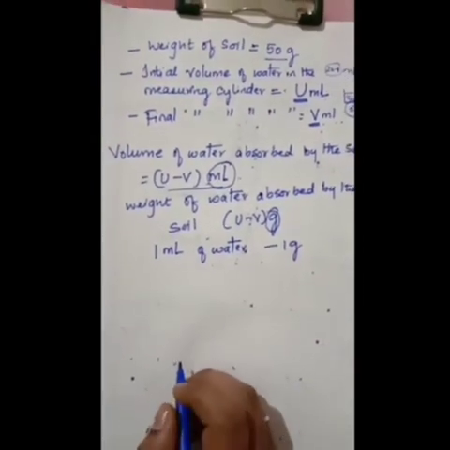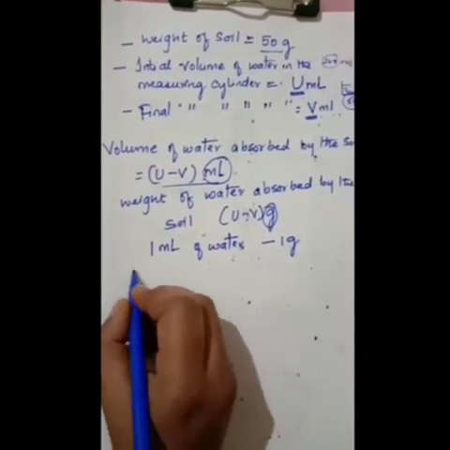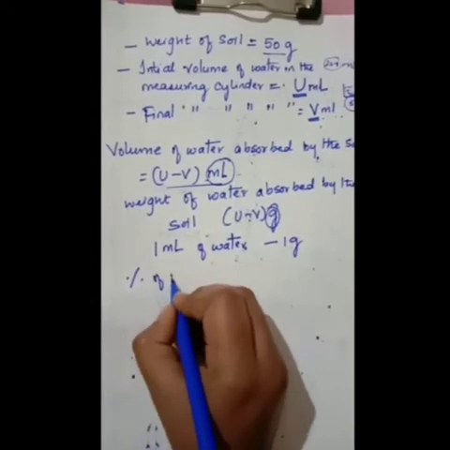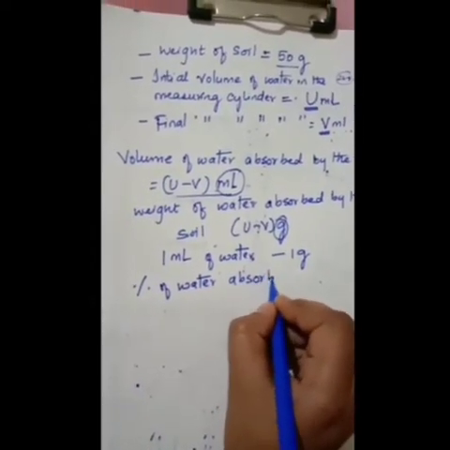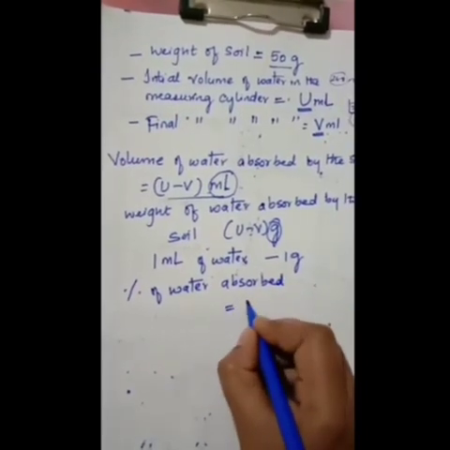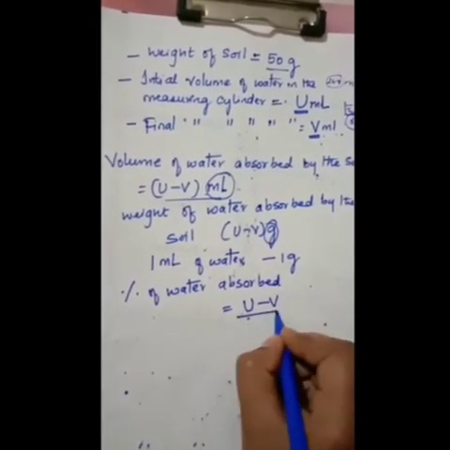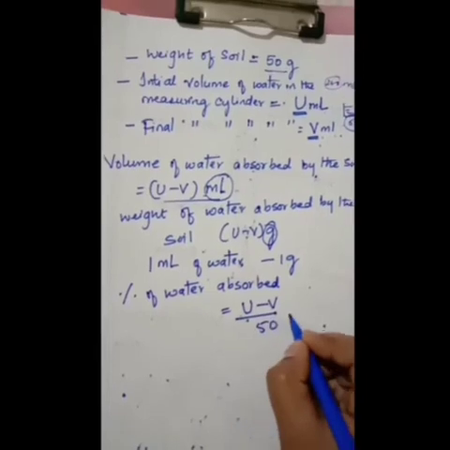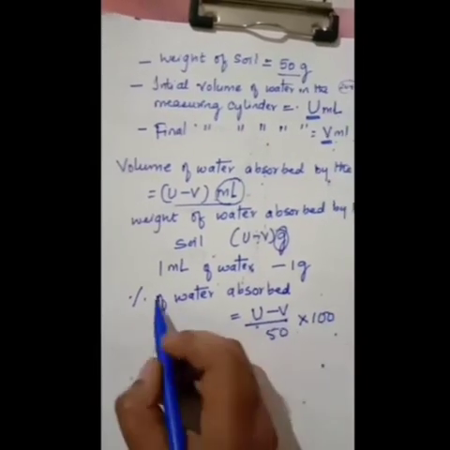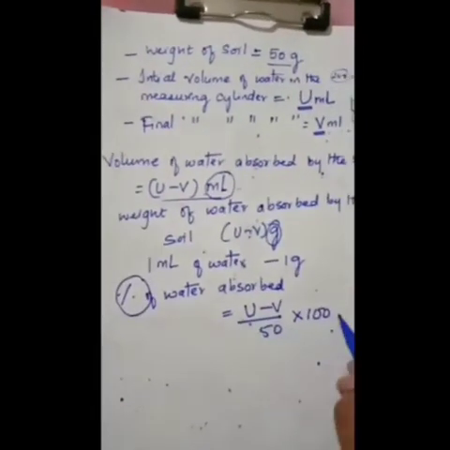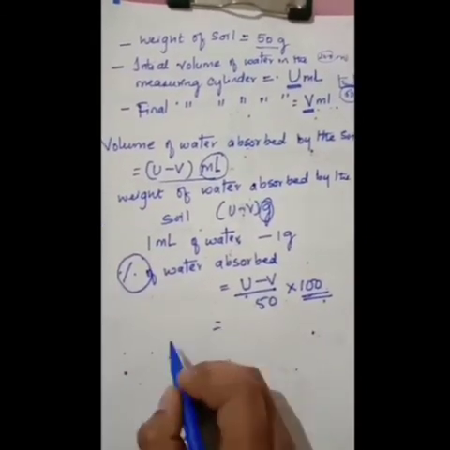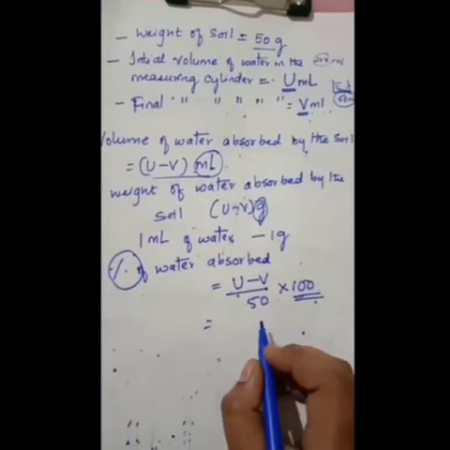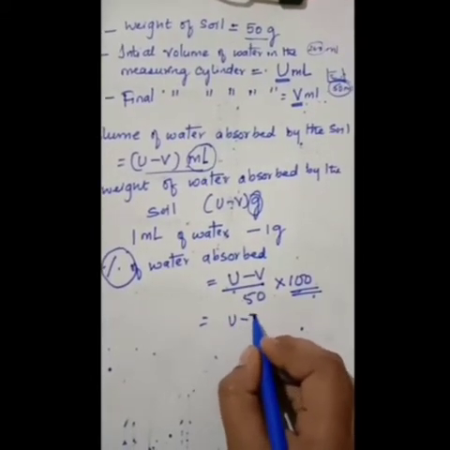Fine. Now percentage of water absorbed. So what is the percentage of water absorbed? Okay, so that is U minus V divided by 50 into 100. Because we are calculating the percentage, we have to multiply with 100. Okay, so what is U minus V? We don't know, that is what we need to calculate.